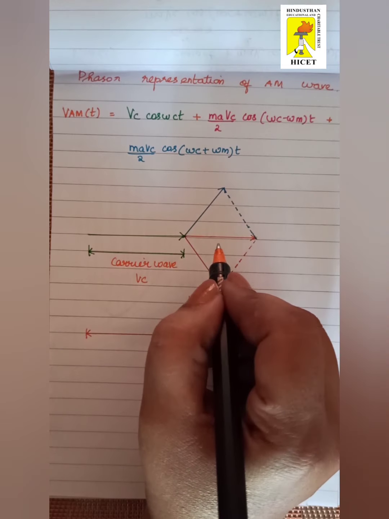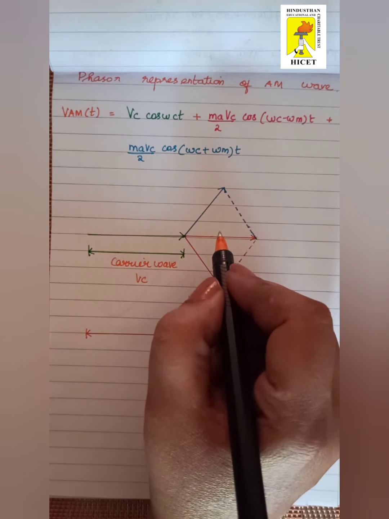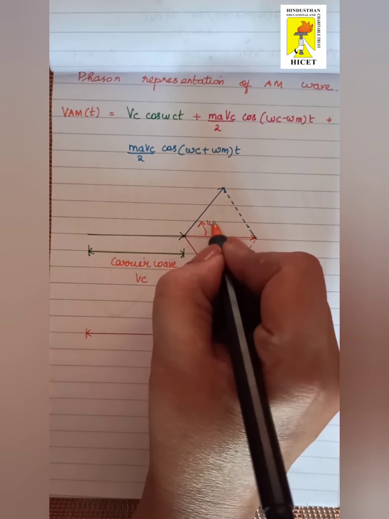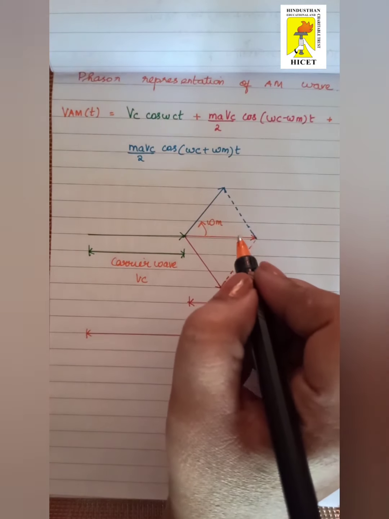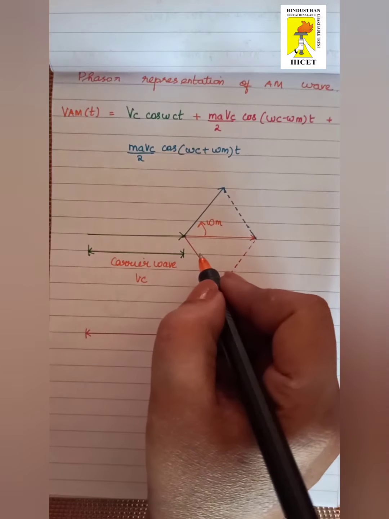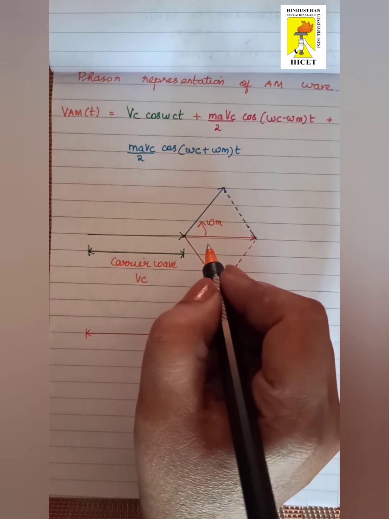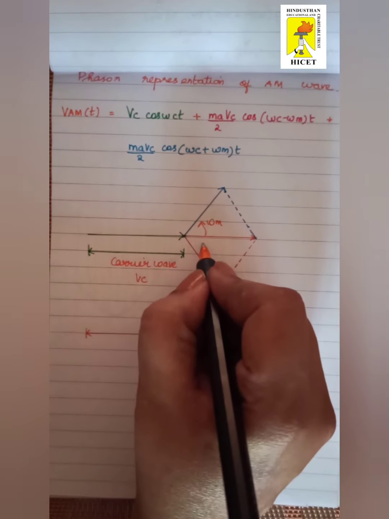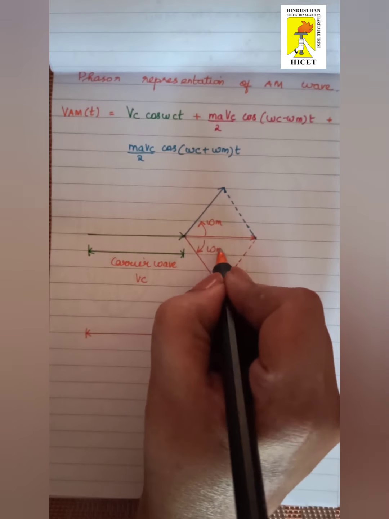The phasor for the upper sideband rotates anticlockwise at an angular frequency of omega m. Similarly, the phasor for the lower sideband rotates in the clockwise direction at the same angular frequency omega m.